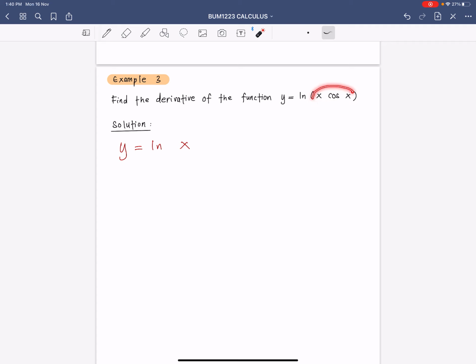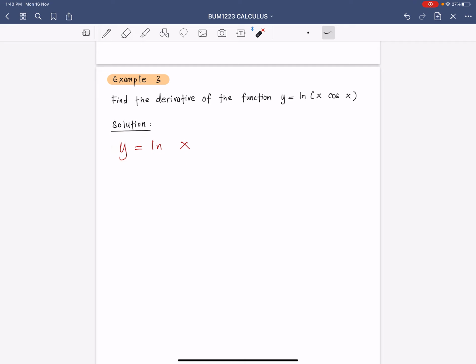You have an expression, where the expression is x cos x. So what we have to do, we need to assume this expression as a variable so that we have it in this form, y equals ln of a variable.